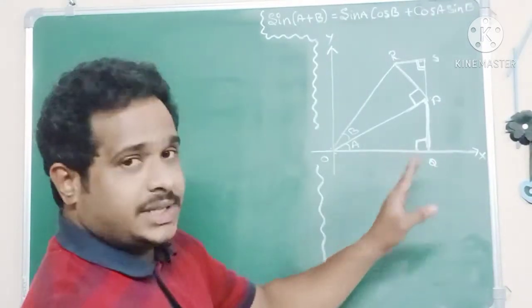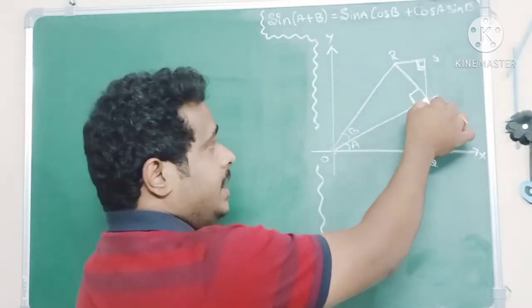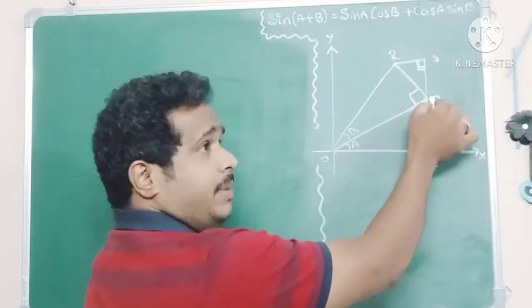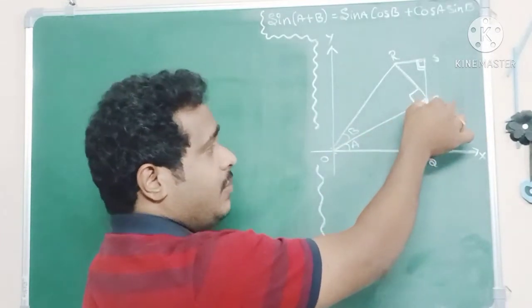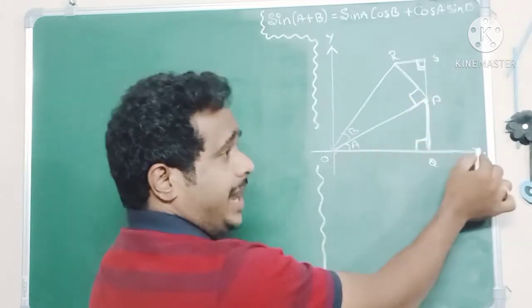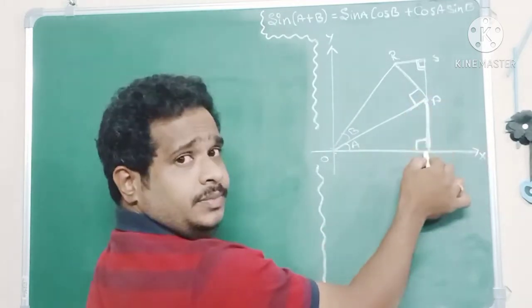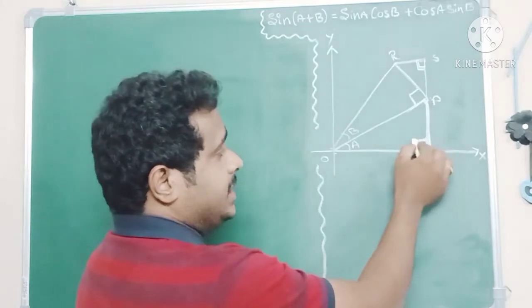So once again, take a point P, join OP, and from P draw one perpendicular on the x-axis, that is PQ. Name Q here. It is 90 degrees.